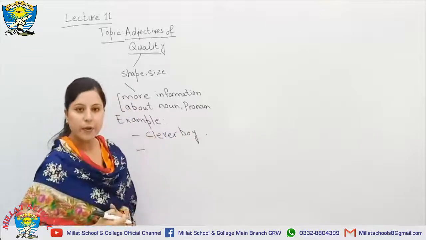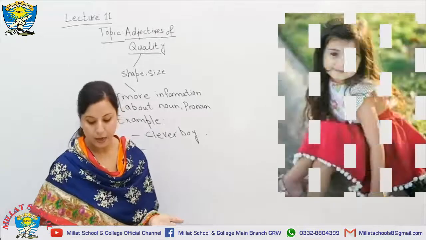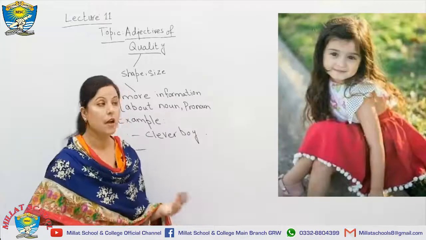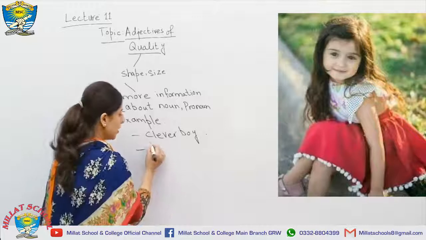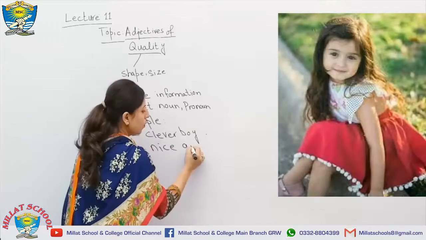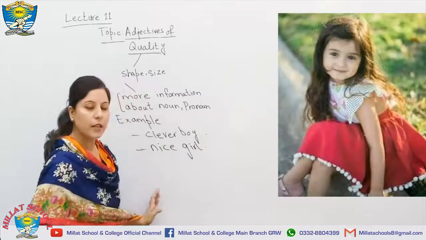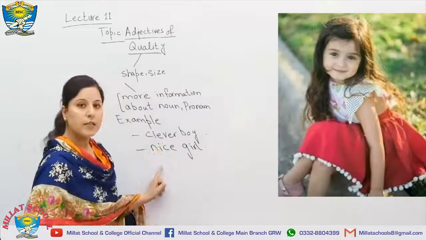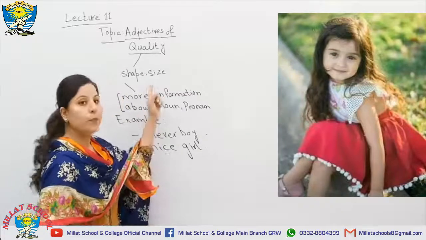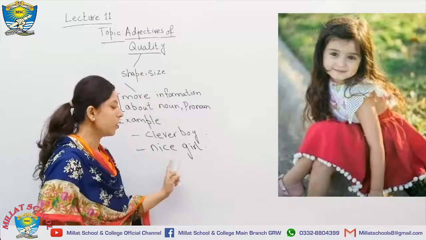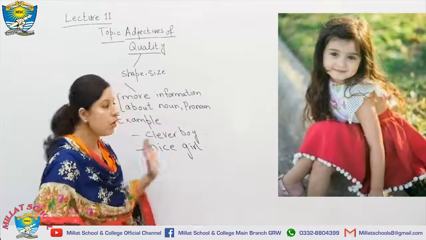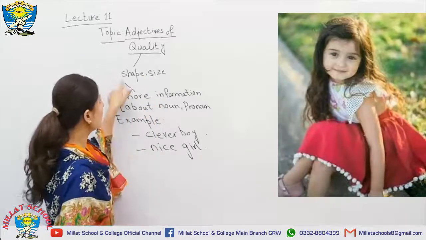The next example will be of the same thing, like a nice girl, a beautiful girl. Nice girl will also be counted in the category of the same thing, the quality. Because we are talking about the quality of a noun or a pronoun, what would be this quality?